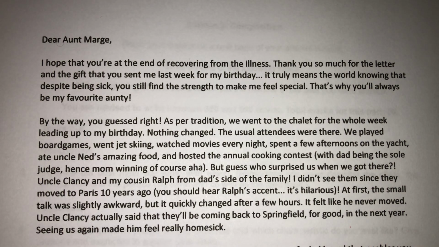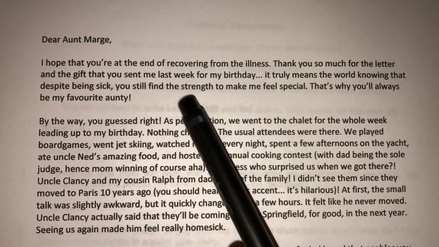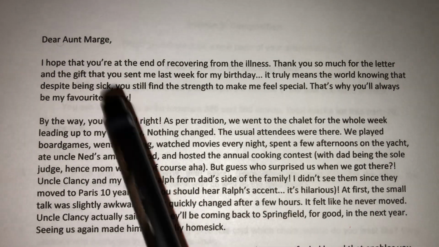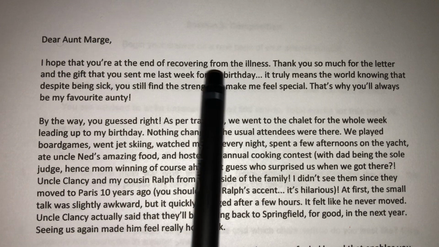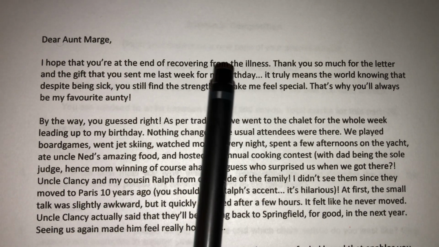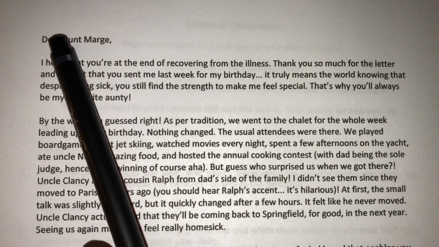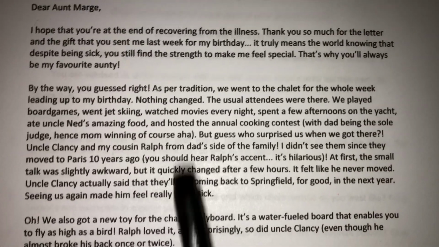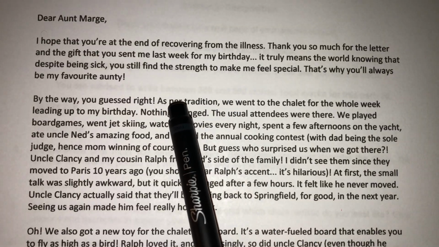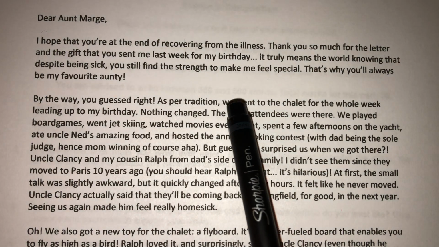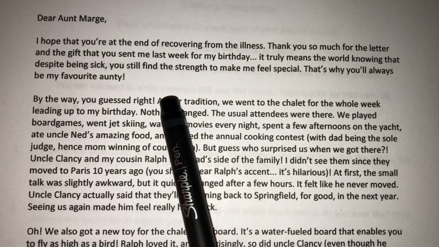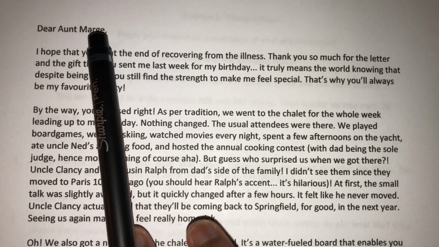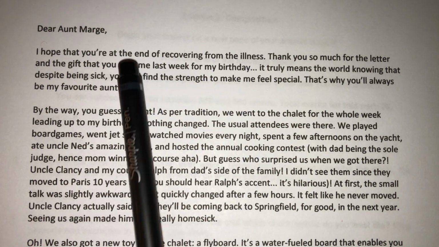it flows nicely. Here, I take the time to acknowledge my aunt. You know, you don't usually start a letter and say, "Dear Aunt Marge, this uncle and that uncle came and we did this and we did that." Why would she care, right? So here I think it's a little bit interesting because I state that there's a tradition that for the week leading up to my birthday, my family and I go to the chalet or whatever, and it's a tradition, but clearly Aunt Marge is sick this year, so she missed it.